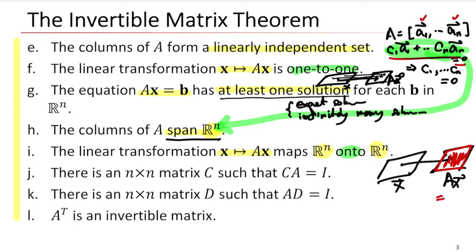So when the output of the transformation A times X is equal to the Rn space, then it is called onto, right? And one more thing: there is a matrix C such that C times A is equal to I, and there is a matrix D such that A times D is equal to I, right? Then finally, A transpose is an invertible matrix.